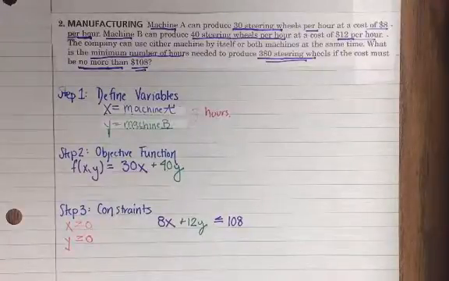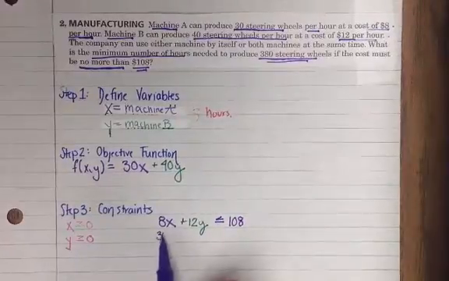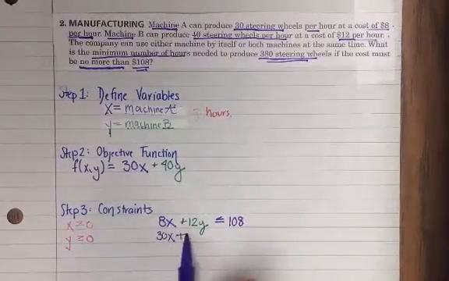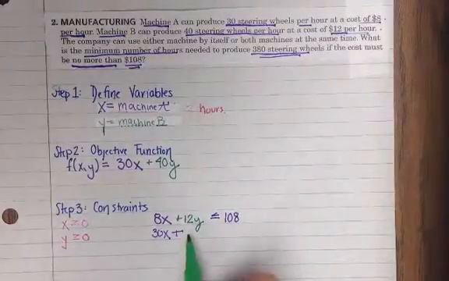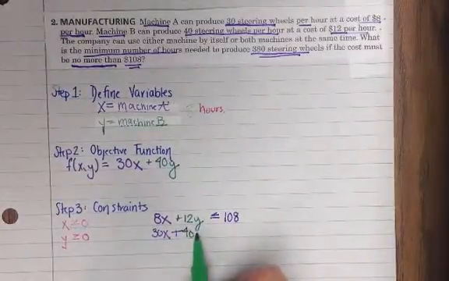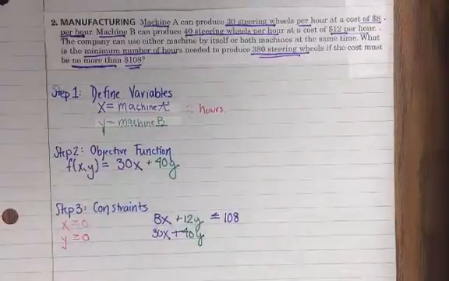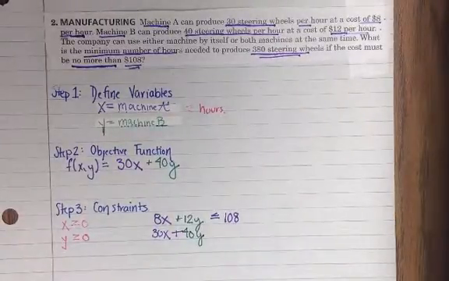Our other constraint that we're looking at is that we want to produce 380 steering wheels. And so we need to look at, well, how does that occur? Well, we know that machine A can produce 30 steering wheels per hour, so that would represent 30x. Plus, machine B can produce 40 steering wheels in 1 hour, and we want to produce 380 steering wheels.